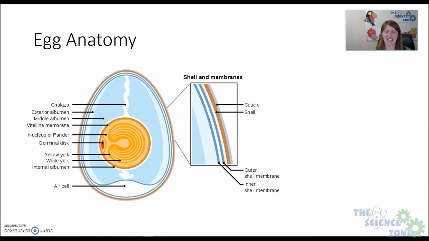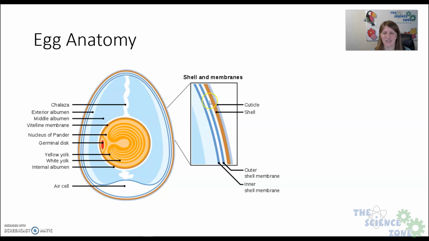Now, to understand the experiment that we're going to do today, we need to understand a little bit about egg anatomy. Where we're going to be focusing most of our attention is on the outside of the egg, meaning the shell and the membrane, right here. On the very, very outside, there's something called a cuticle. This is a waxy layer that helps protect the developing chick.